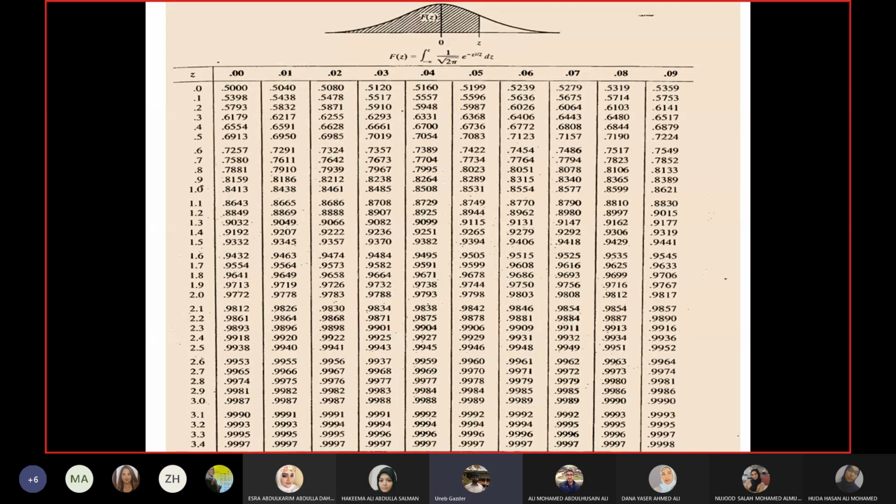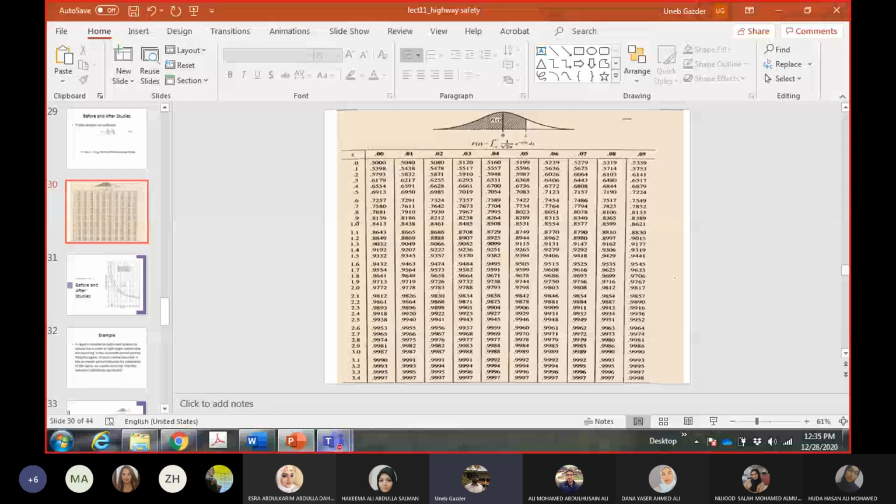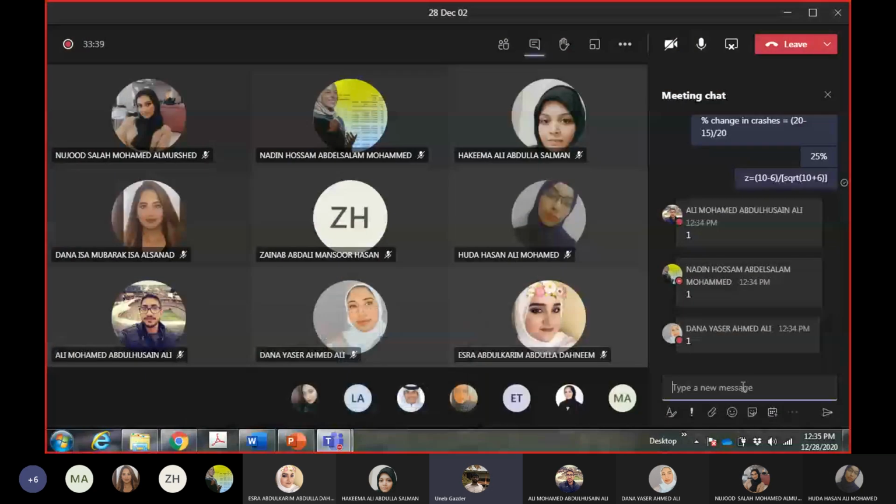Now let us apply the graphical approach. For the graphical approach, I need the percentage change. So percent change in crashes will be 10 minus 6 divided by 10.